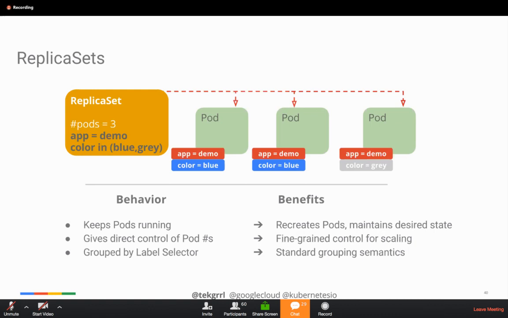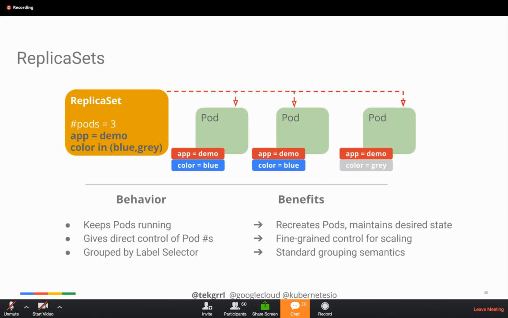When the replica set comes up, it looks outside in the cluster to see if there are pods that match that label. If it finds them, then it starts effectively managing their life cycle for us. If it doesn't find them, it will create them for us from the template.